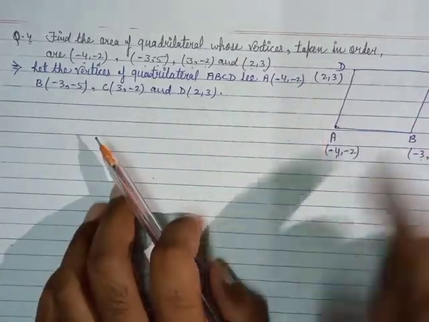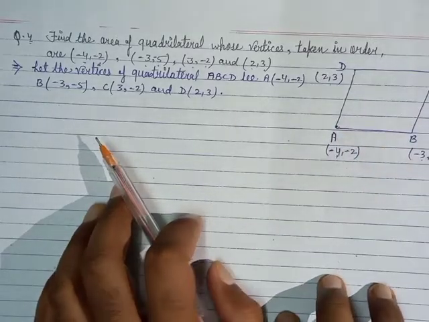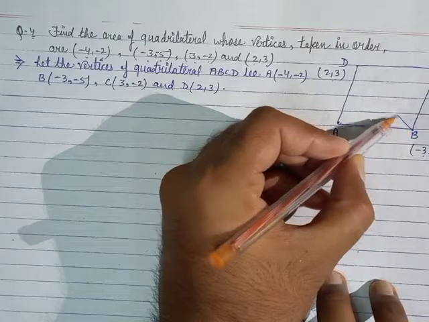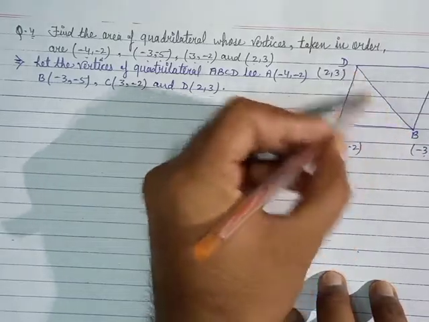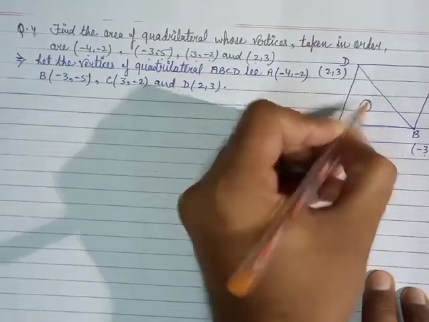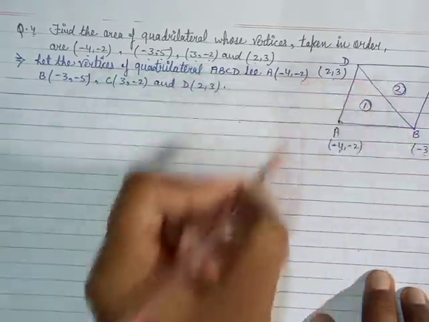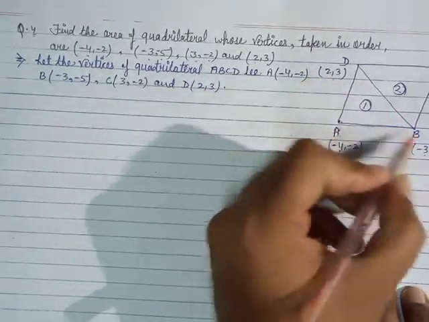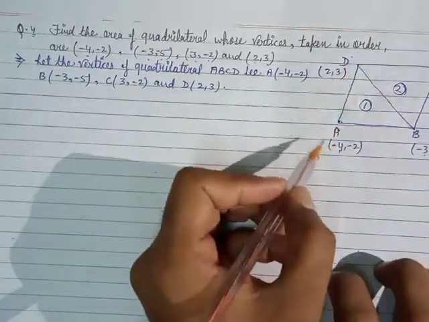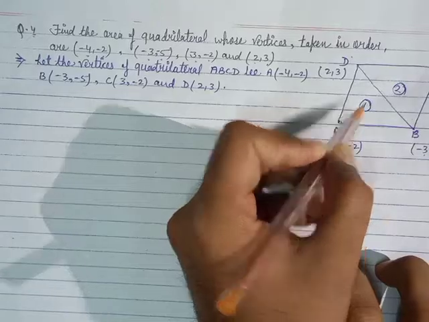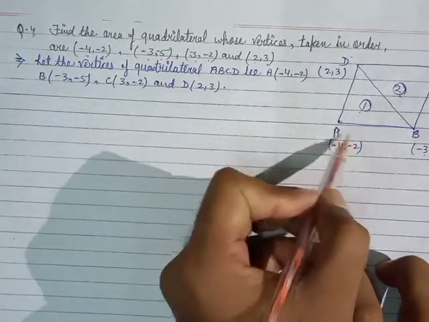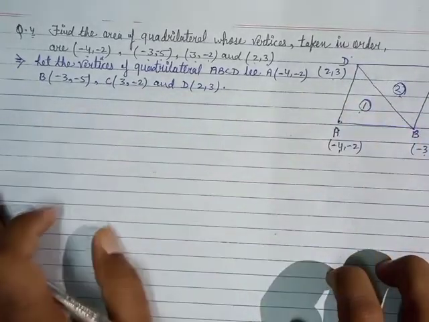So we will find the area of this quadrilateral. Now you can see here when we join BD, this diagonal divides the quadrilateral into two parts, first ABD and the second BCD. When we find the area of the first part, then the second part, and add them, we get the area of the whole quadrilateral.